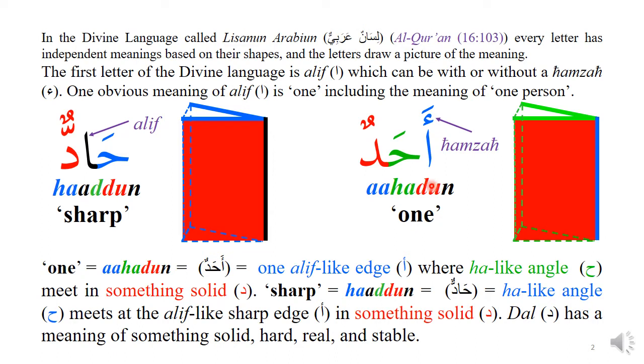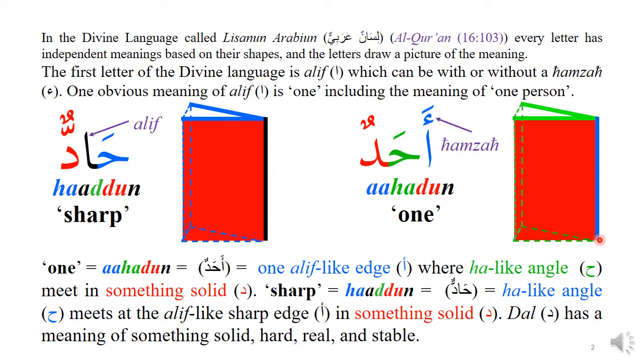And the way it draws the picture of this one is that you see here in the ahad, the alif is this edge of the angle that is created by something solid. So ha is looking like an angle, and dal is something solid. So ha is looking like an angle which meets at an alif-like edge.